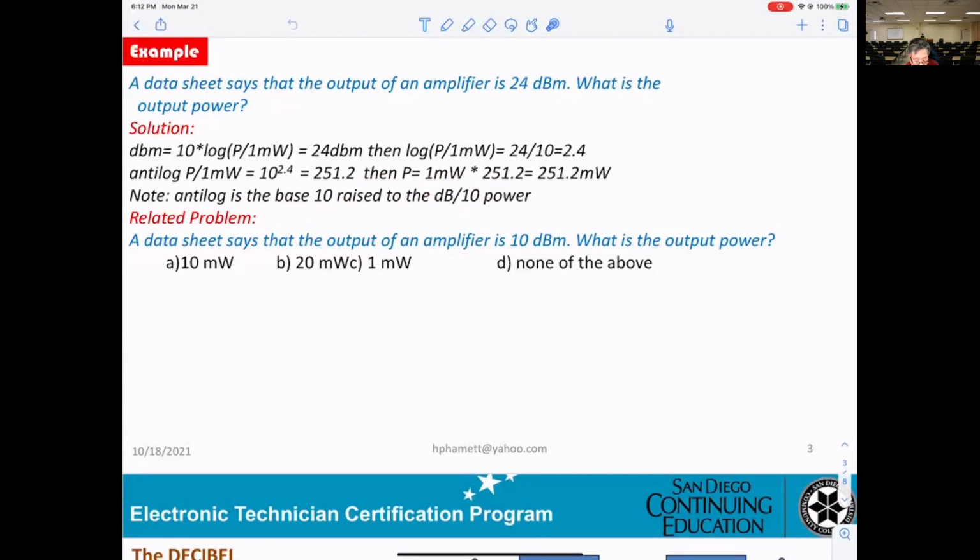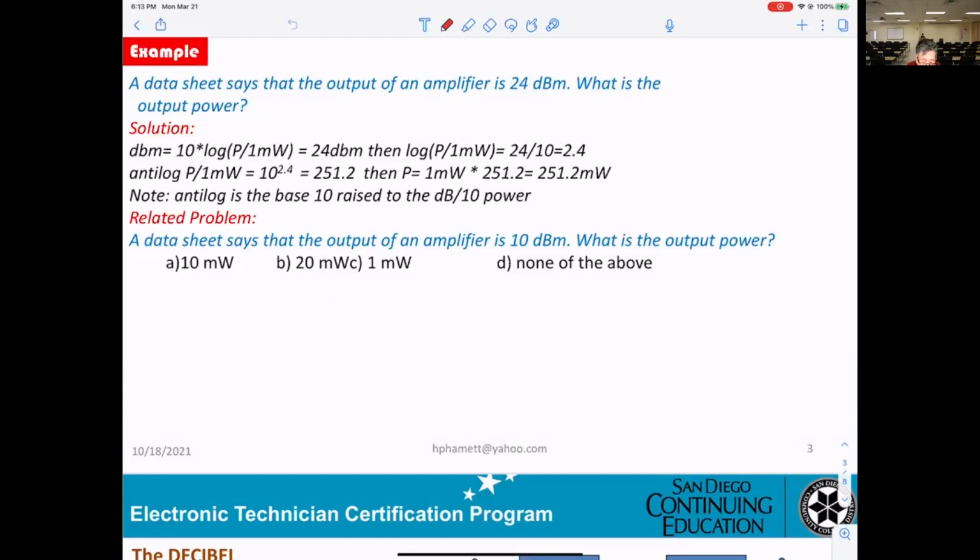Let's see, a data sheet says that the output of an amplifier is 10 dBm. What is the output power? It can be 10 milliwatt, 20 milliwatt, or 1 milliwatt. Which one? A, 10 milliwatts.